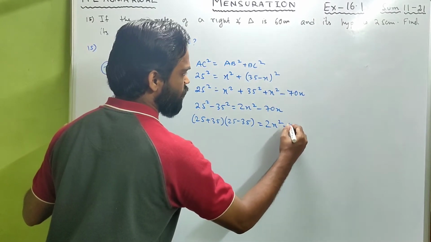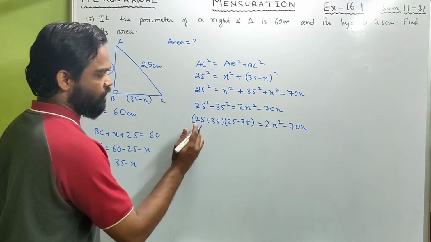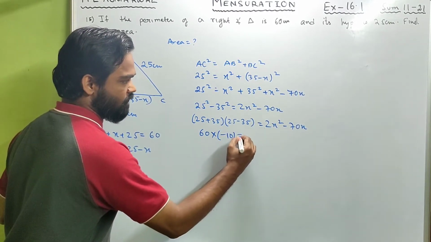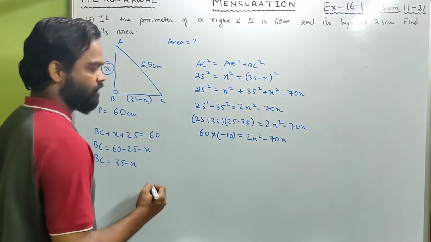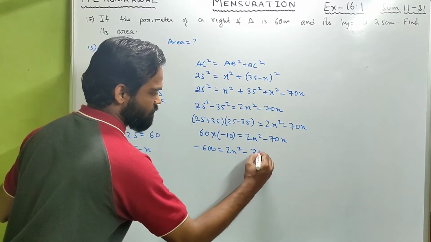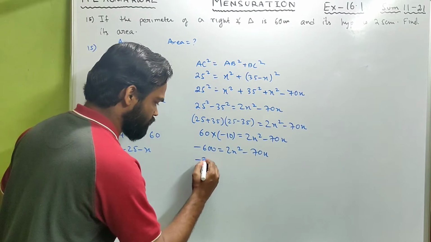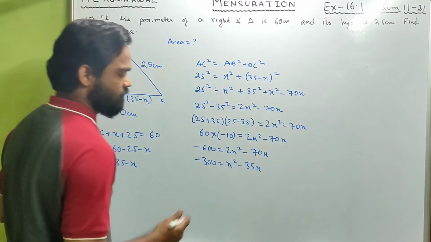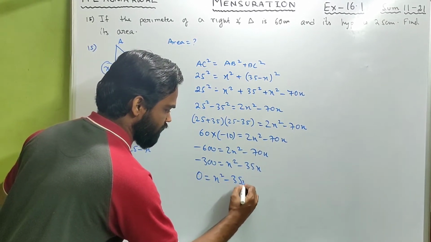Now this is 30, 40, 50, 60, and this is minus 10. So that's minus 600 equals 2x square minus 70x. Take 2 common, so that becomes minus 300 equals x square minus 35x. Take it to that side. So 0 equals x square minus 35x.